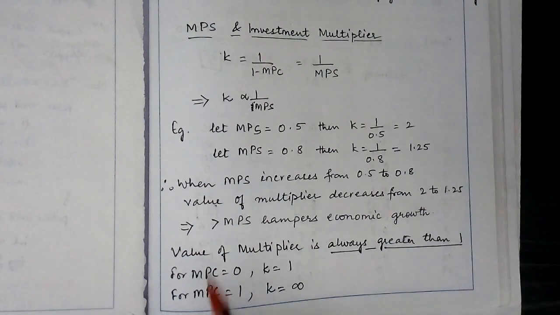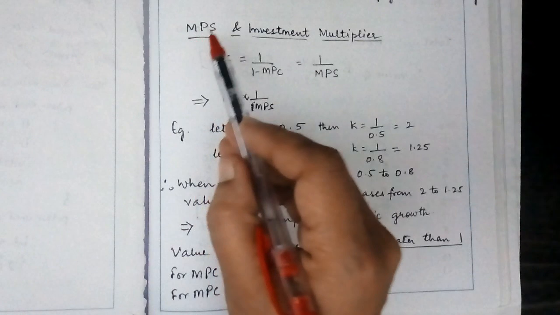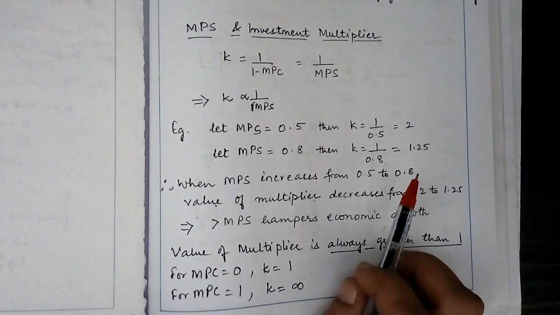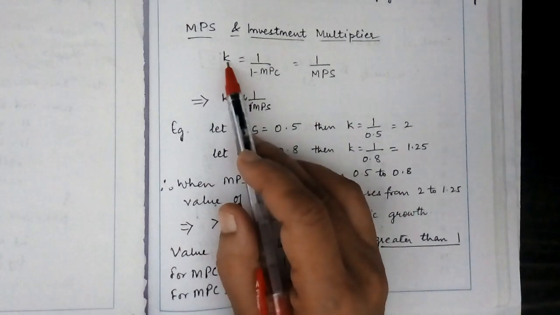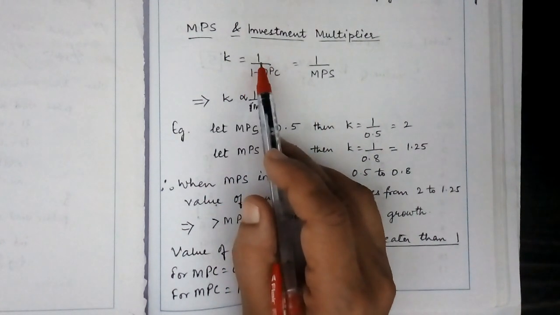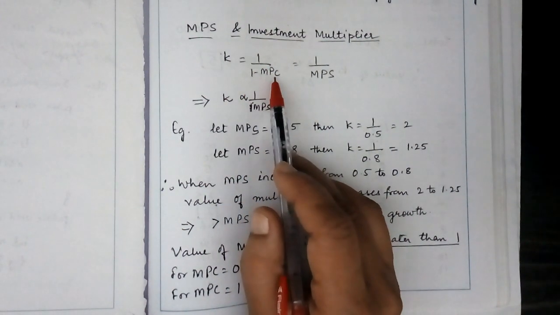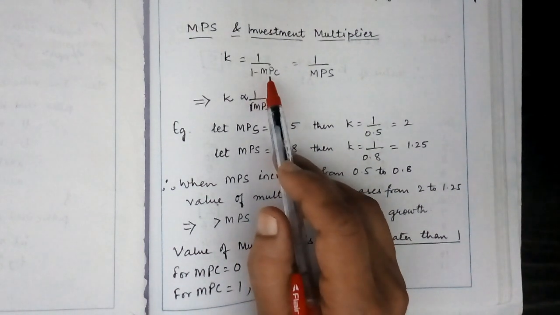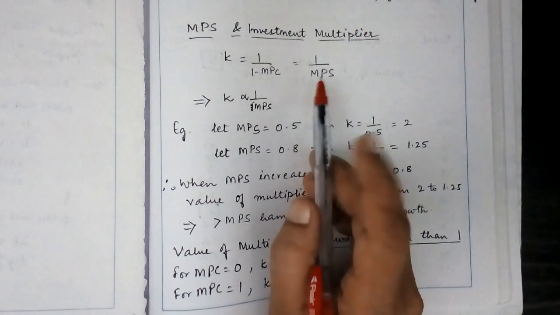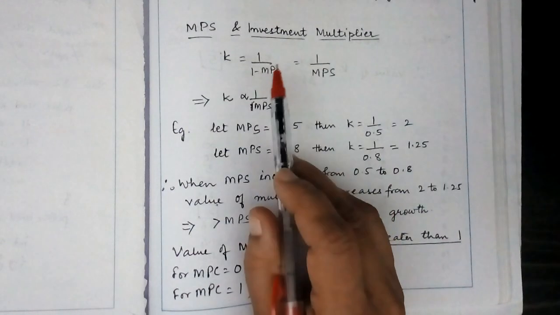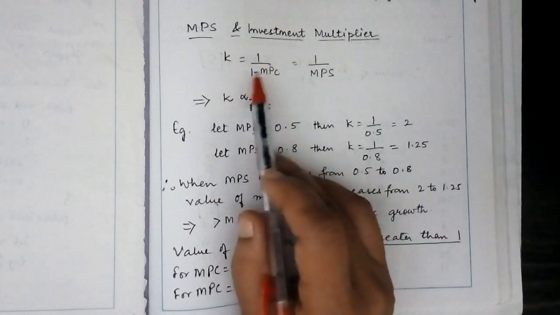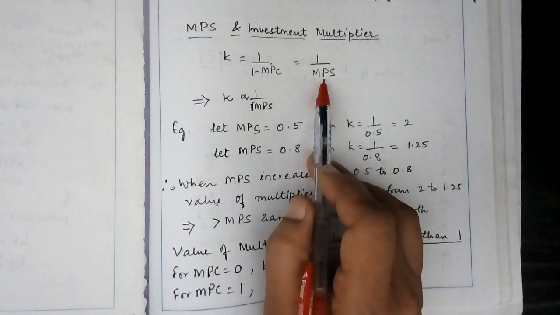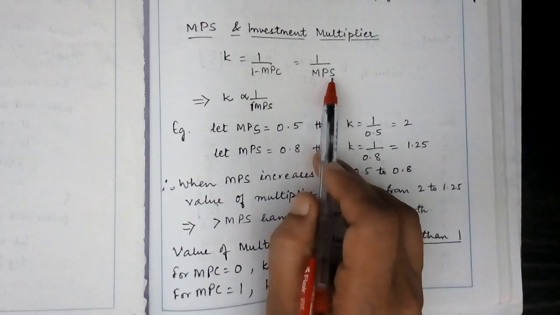Let us now see how marginal propensity to save and investment multiplier are related. We just learnt that investment multiplier is equal to 1 by 1 minus MPC. And from our previous knowledge, we know MPC plus MPS is equal to 1. Therefore, K is equal to 1 by 1 minus MPC, and this 1 minus MPC can be written as MPS.